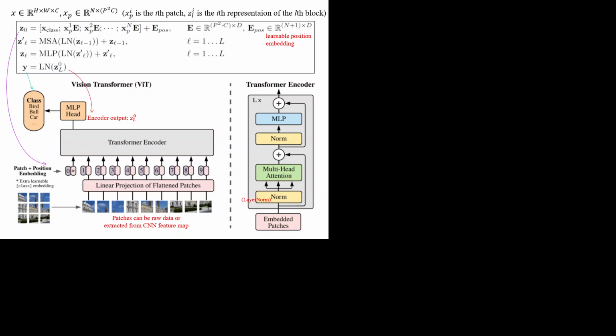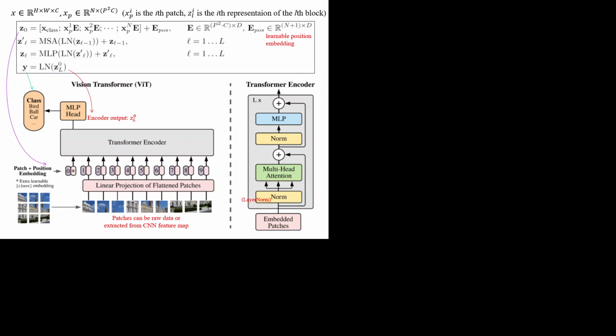All the others I just throw away. And I use this one as my final head to do the prediction, to predict the category of this image. It's the classification task. Okay, so that's the general idea.